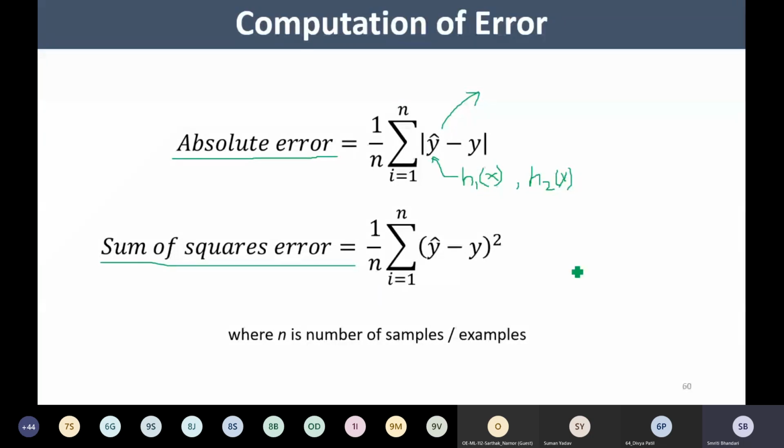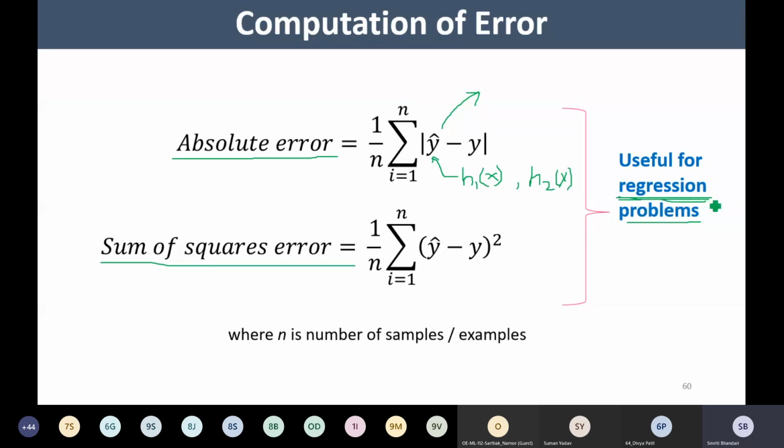Okay, and this is also treated as one more performance metric, sum of squared error. Right? And usually these performance metrics are useful for regression problems. I'll repeat, these kinds of computations for errors are useful for regression problems.